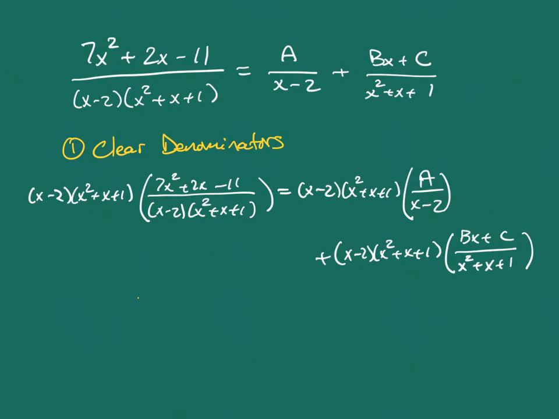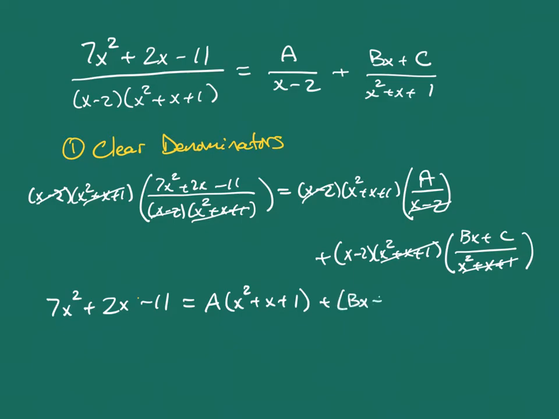So when we clear denominators, on the left side, both factors will cancel out, and we'll be left with 7x squared plus 2x minus 11. Then on the right, in the first term, our x minus 2's cancel out, so we have a times x squared plus x plus 1. And our x squared plus x plus 1's cancel out in the second term, so we have bx plus c times x minus 2. And so now we've cleared denominators.